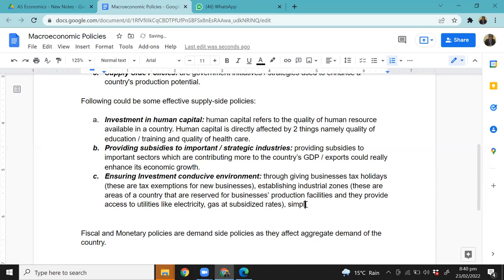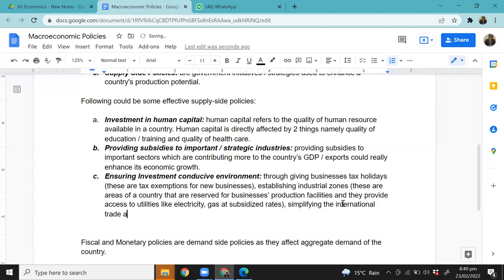Simplifying the national trade and transactions process, right?